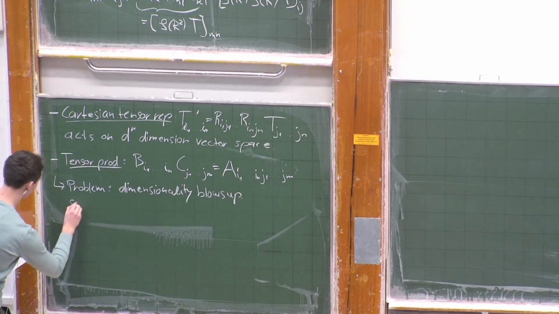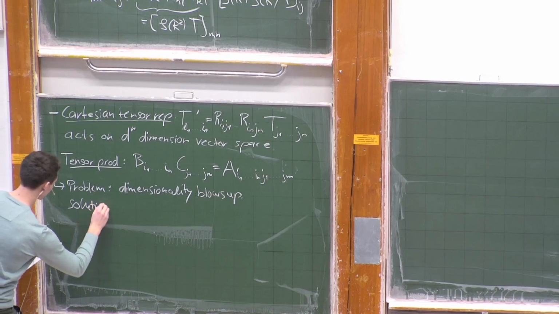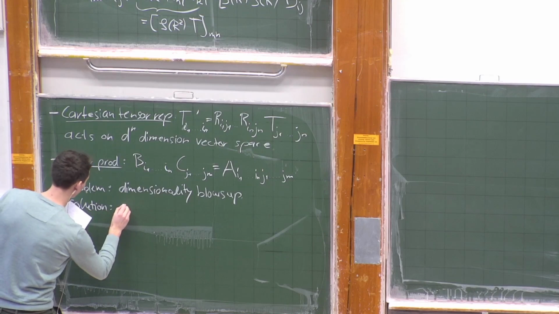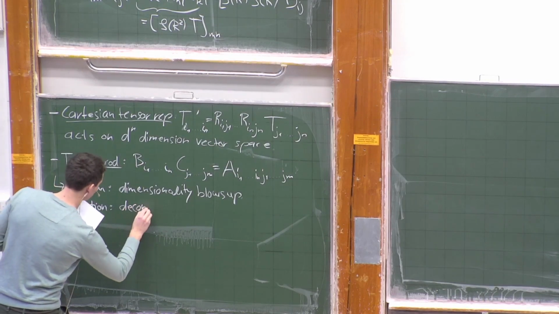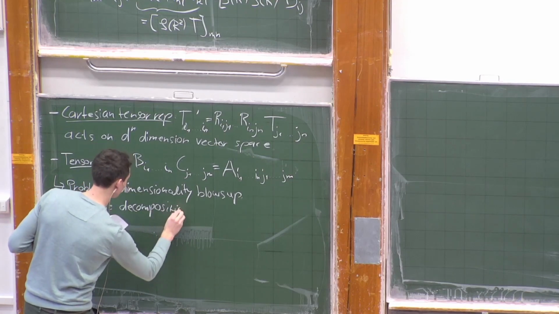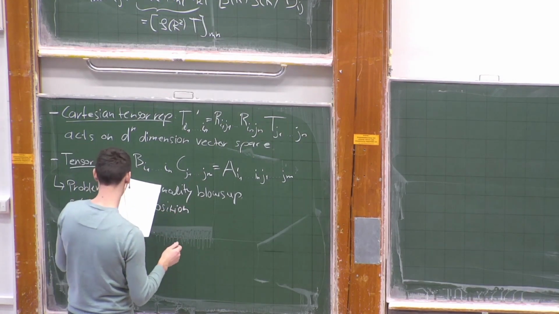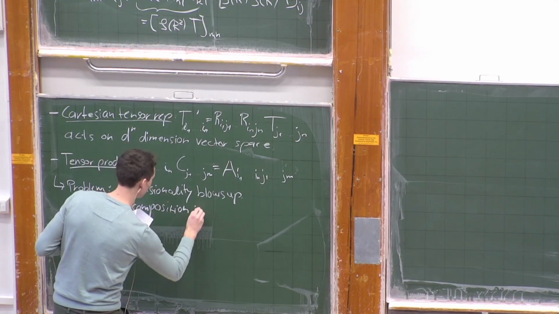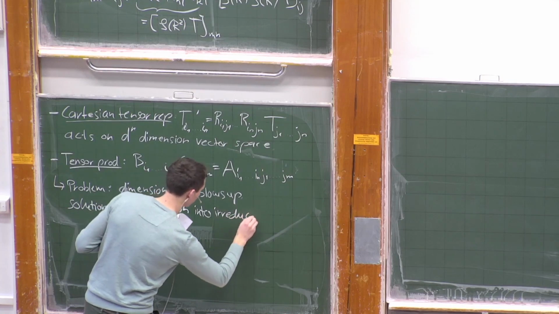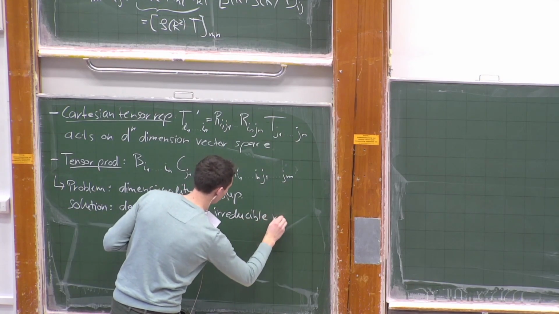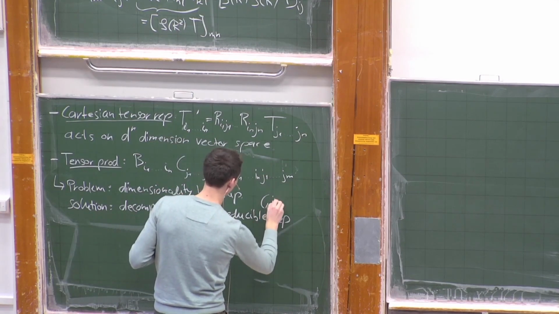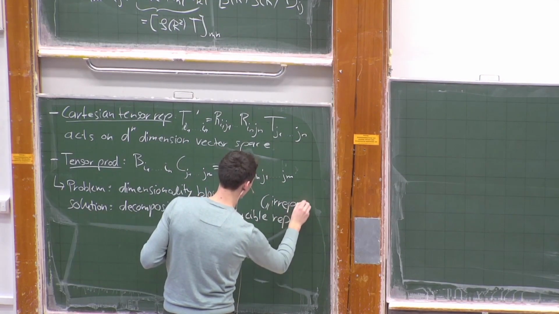There's a solution, and that is we can decompose Cartesian tensors into irreducible representations, which are also called irreps for short.